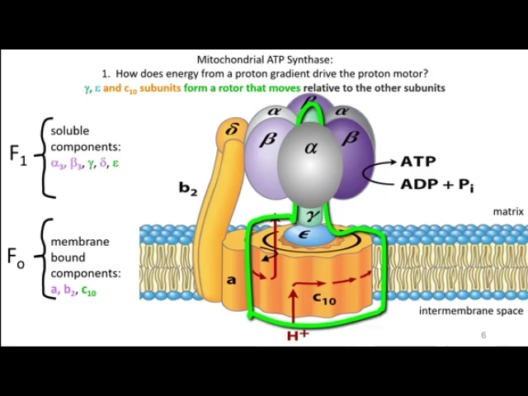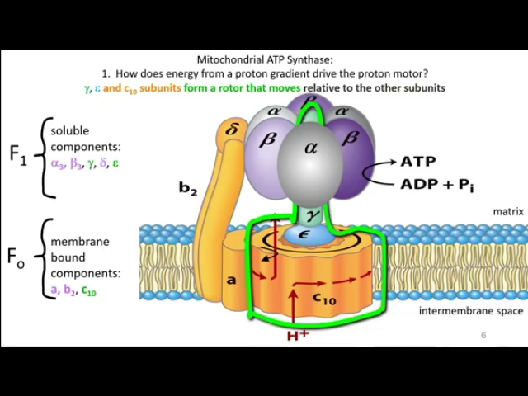So you have the A, B, and then alpha, beta, and delta parts that are all being turned with respect to the rotor. So it is the interaction between the transmembrane A subunit and this highly symmetric 10 subunit C10 ring that drives, that the protons drive a rotation of those symmetric C10 subunits.